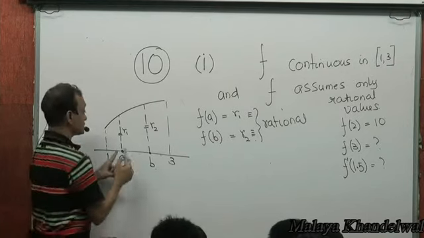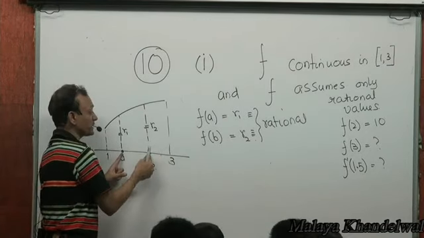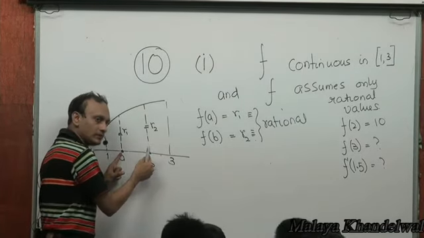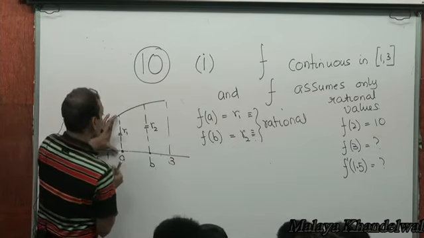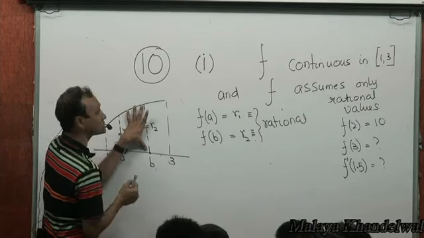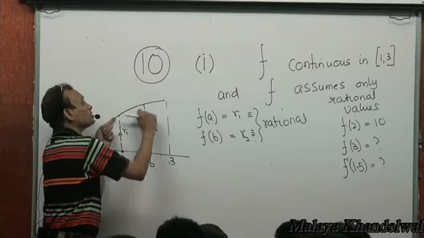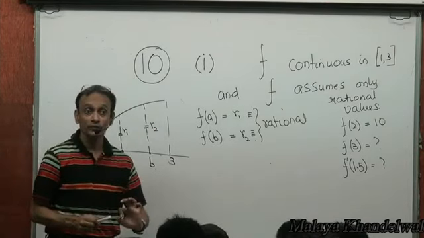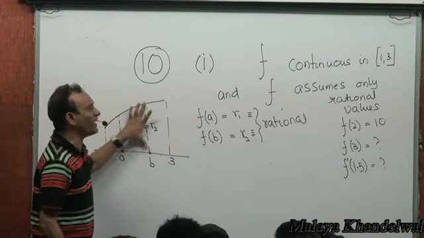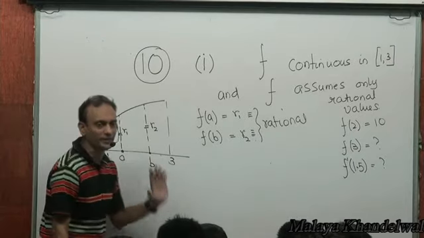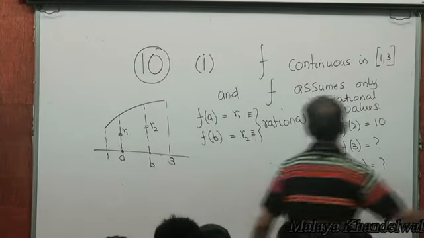Now, if it is continuous in the interval 1 to 3, it must be continuous over any subinterval a to b, right? Now, realize that if this is rational and this is rational, it will assume all possible values between R1 and R2. Yes or no? Intermediate value property. The function will assume all values between R1 and R2 in the interval a to b. Can I say that?